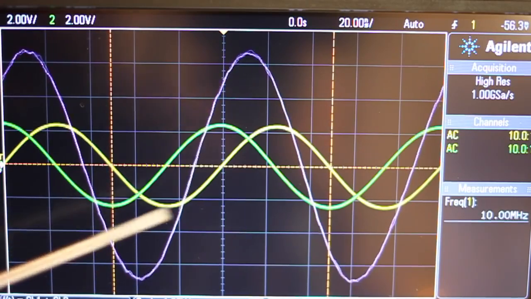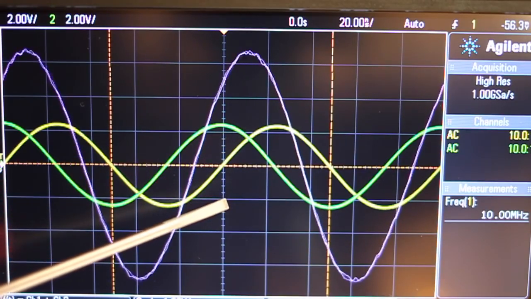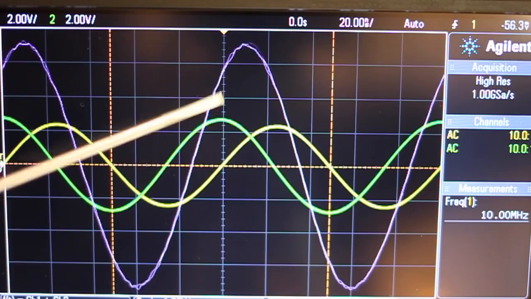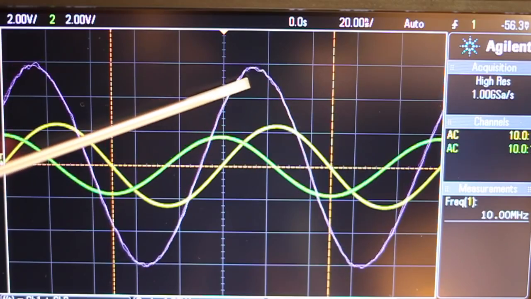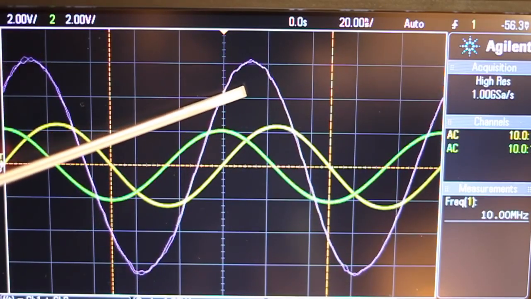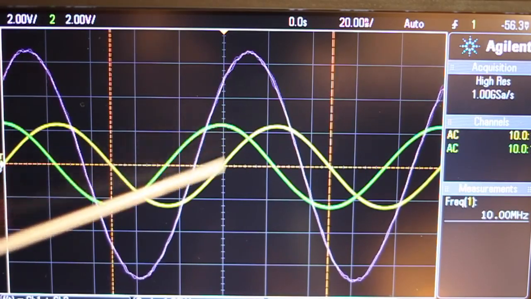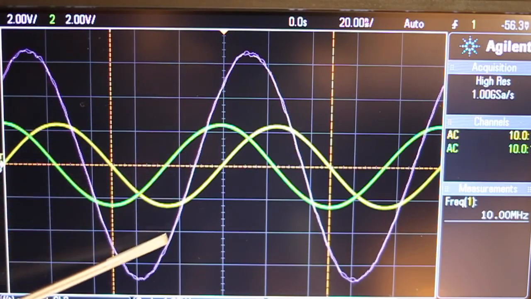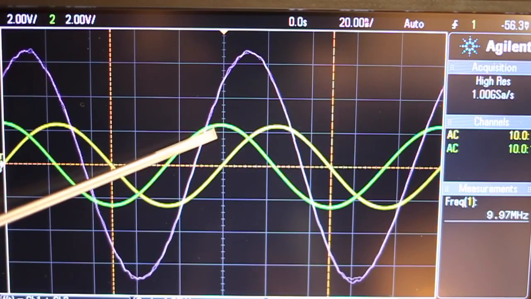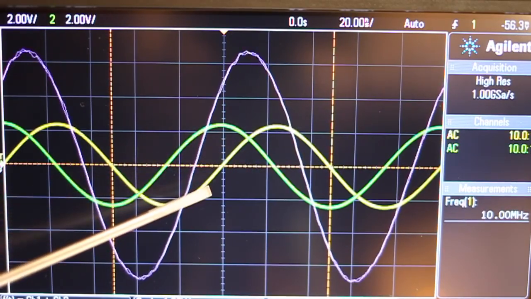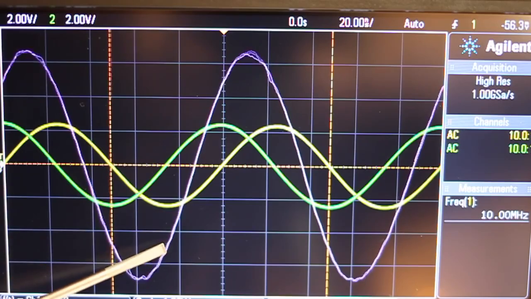What's interesting here is that if we take, say, the amplitude of one of these signals and start increasing it, of course it's going to increase the amplitude of the sum waveform, but it also changes the phase. We can see that the phase is shifting here as we increase and decrease the amplitude of channel 2. So if we can somehow take our signal and deconstruct it into these two smaller waveforms that are 90 degrees out of phase with each other, we can calculate all the information we need about this larger signal, right?